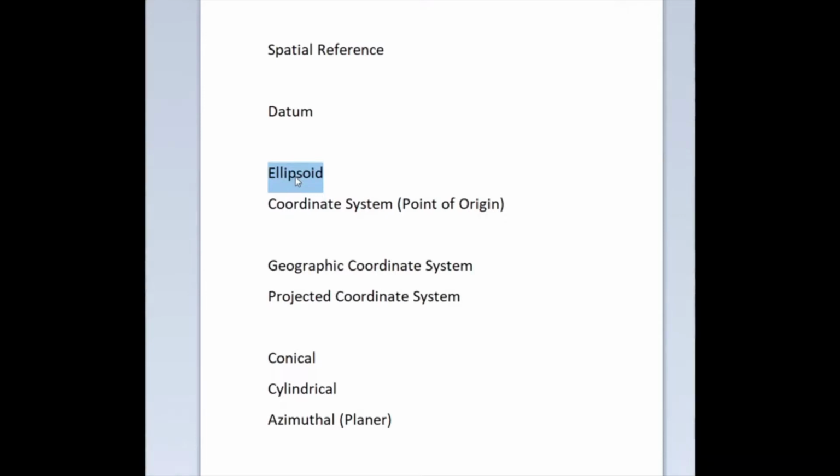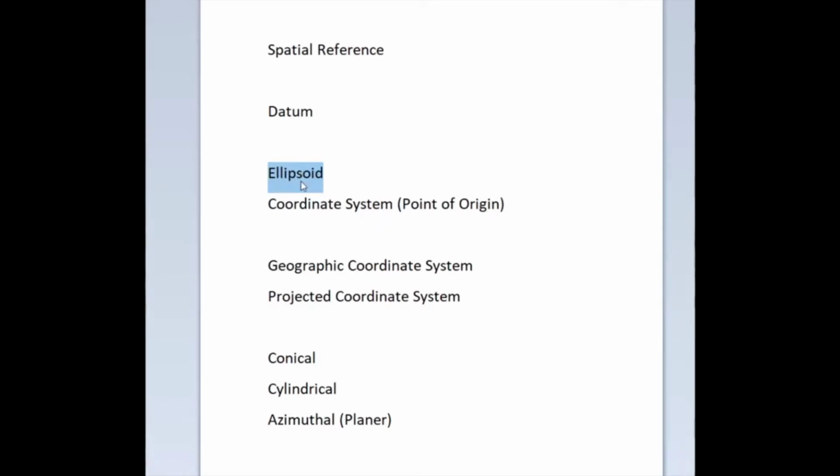A spheroid just means an irregular sphere, or something like a sphere. Because we cannot mathematically represent a spheroid, what we do is take an ellipse and spin it around its y-axis, and that creates what's called an ellipsoid. So it's a 3-dimensional ellipse feature.